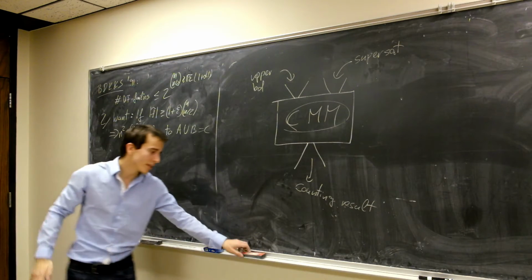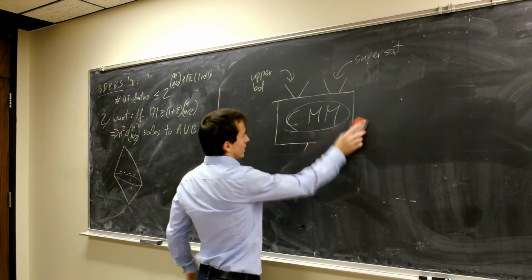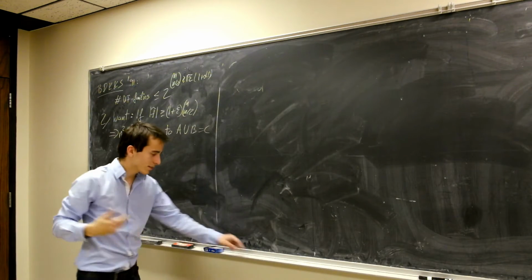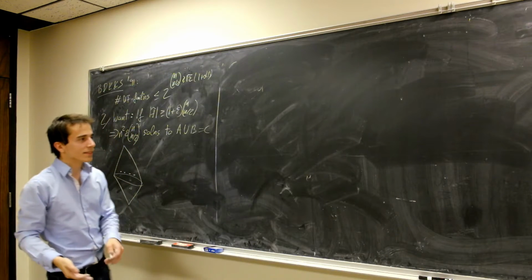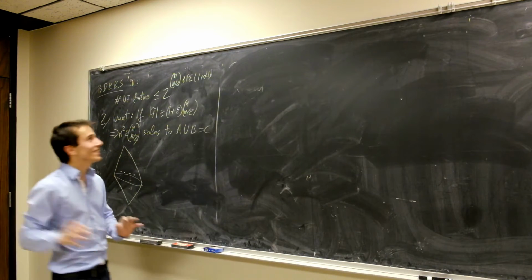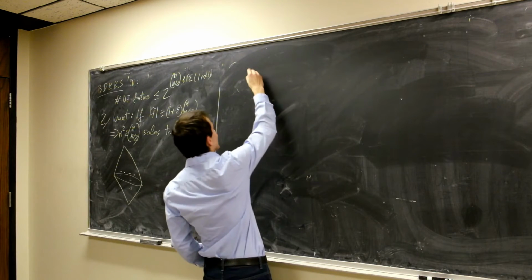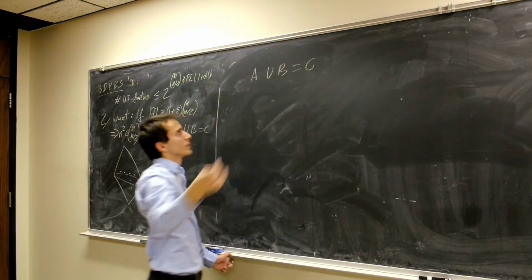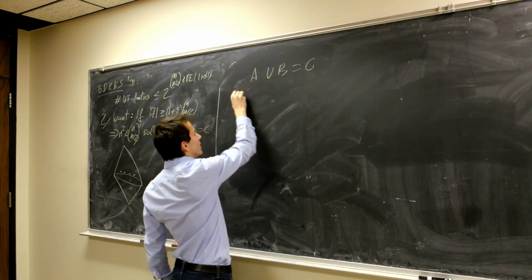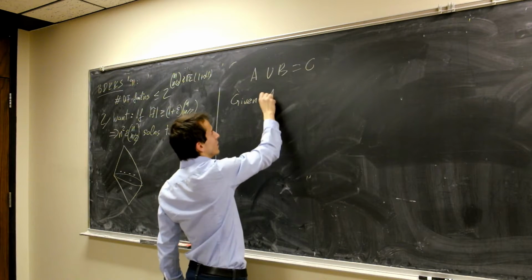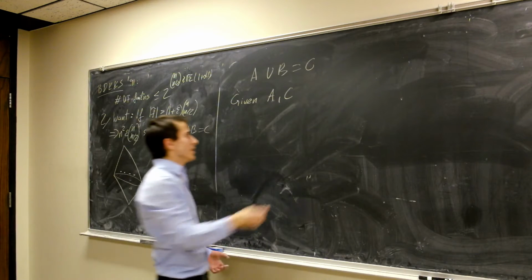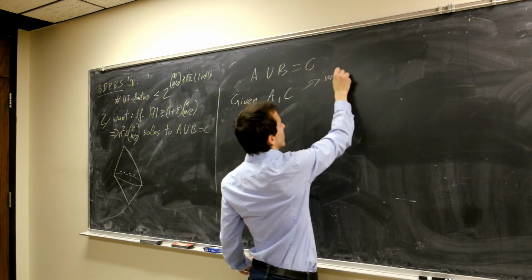What goes wrong if you apply the container method, which will be a bit hard to explain because I didn't tell you what the container theorem actually says, but I will try: if you look at this equation, A union B equals C, and someone comes along and tells you what A and C are, then depending on what A and C are, it could be that there are many options for B, or it could be that there are few options for B.